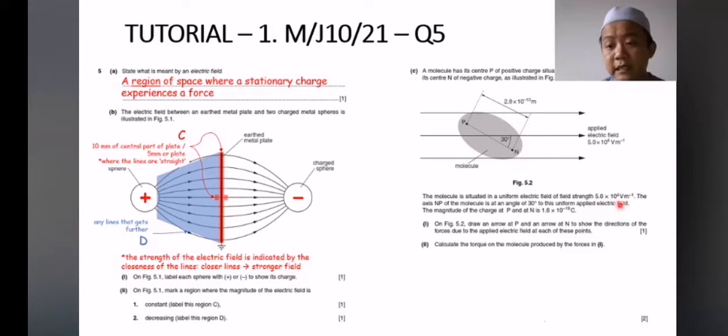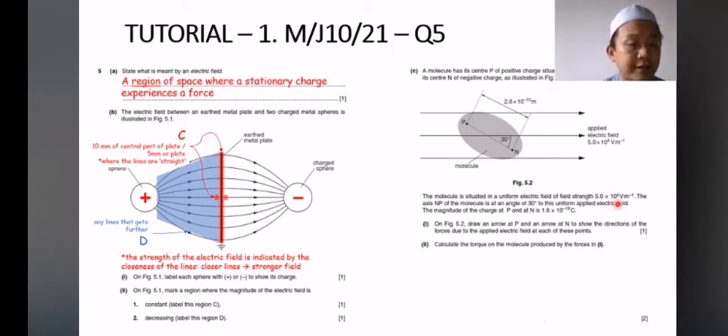The unit used here is volt per meter, and we know that there is another representation of units for electric field strength, which is newtons per coulomb, N C^-1, isn't it?